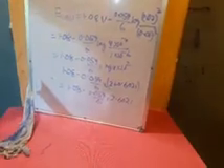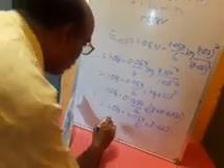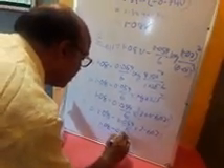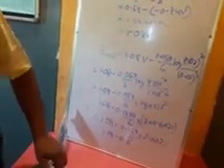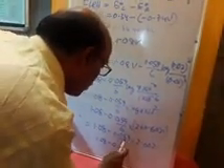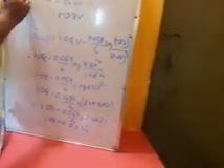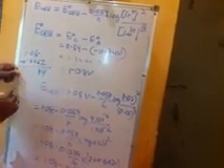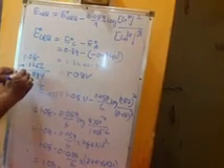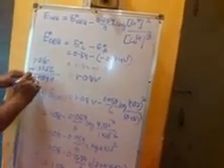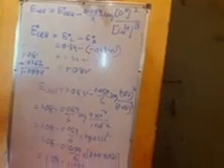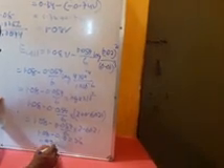You can work it out now, and it is found to be about 1.08 minus 0.0256, which is 1.0544 volt.